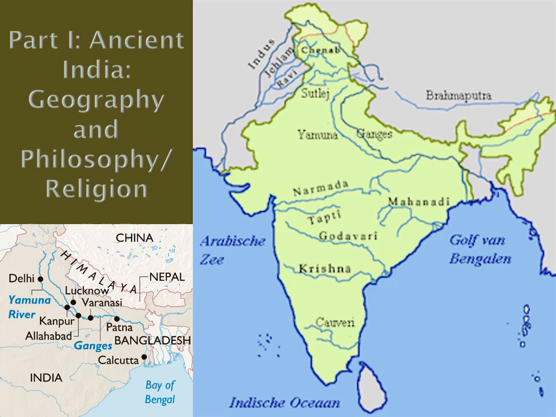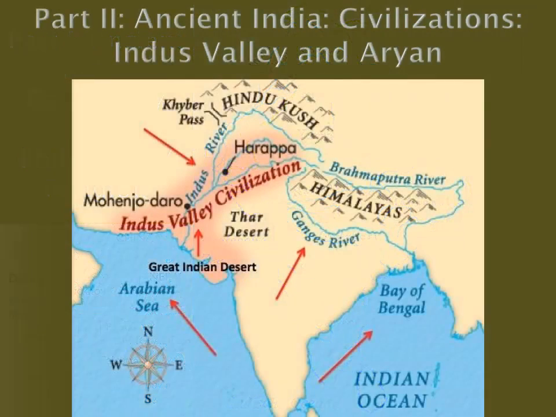All right, so this is the first part on ancient India in terms of geography and philosophy and religion. Now let's go on to part 2, which is ancient India, looking at the civilizations of Indus Valley and Aryan civilization.